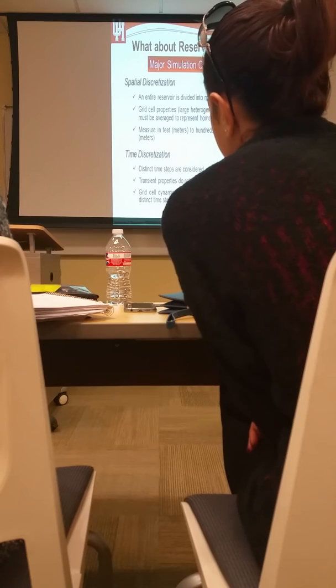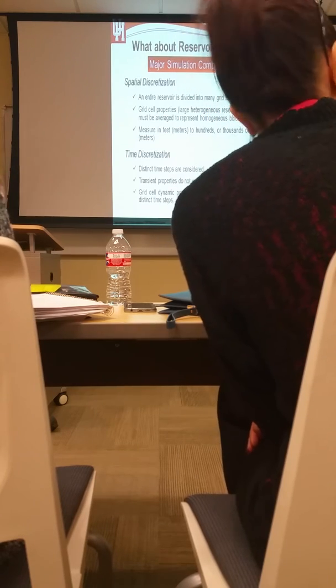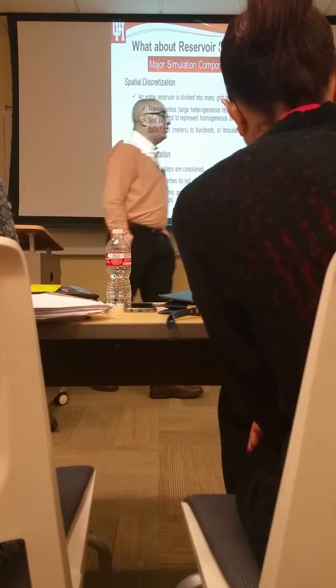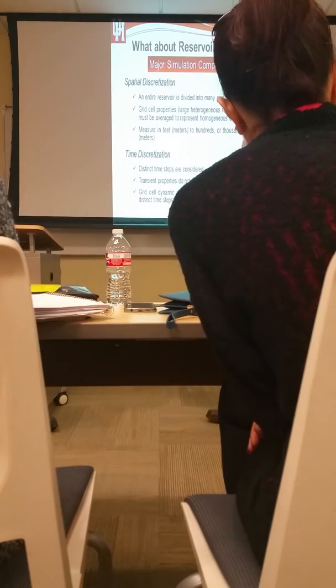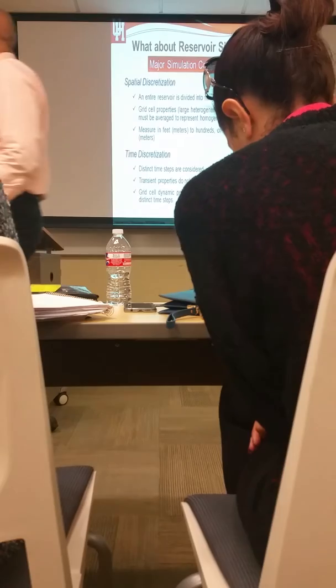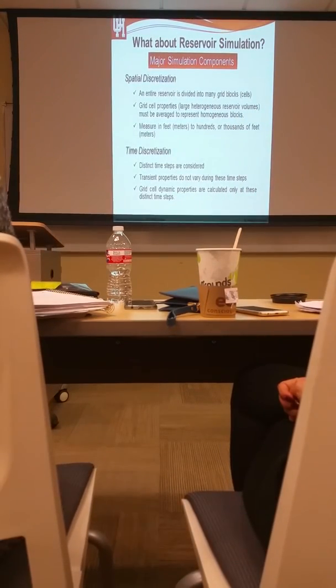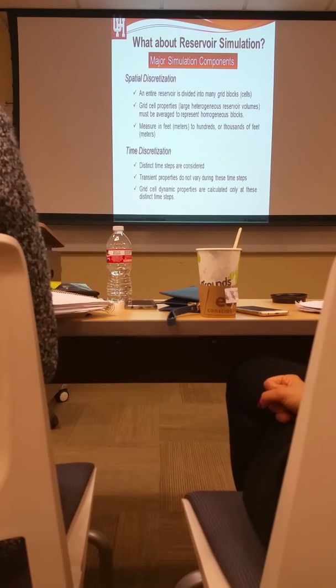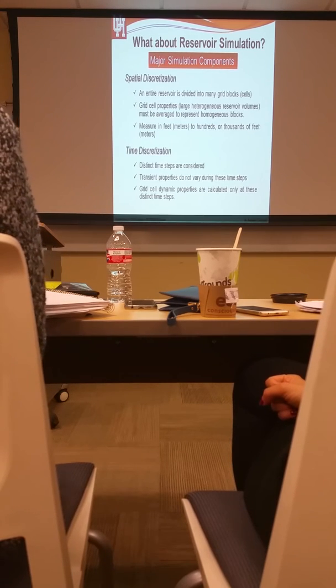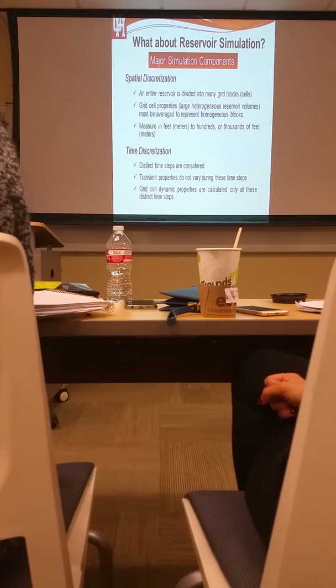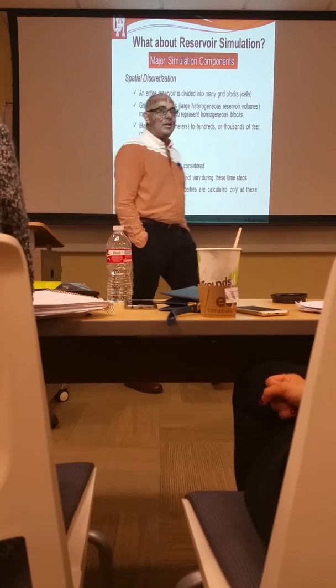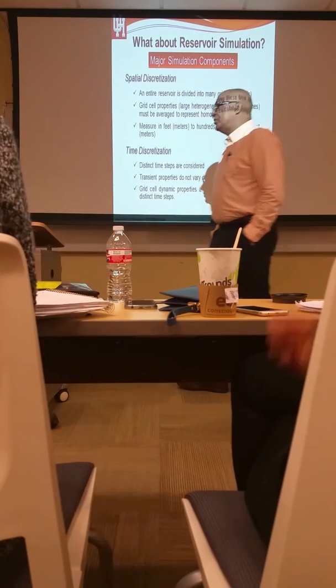Sizes are measured from feet or meters to hundreds or thousands of feet or meters. You go from the scale that you want. You can go very fine, and you can go coarse. It's just a minor decision. Based on what? Well, the kind of problem that you are addressing. Maybe you can go coarse. Maybe you need to be refining. Typically, we refine around wells because we are interested in representing what is happening there, either with inputs or with outputs.